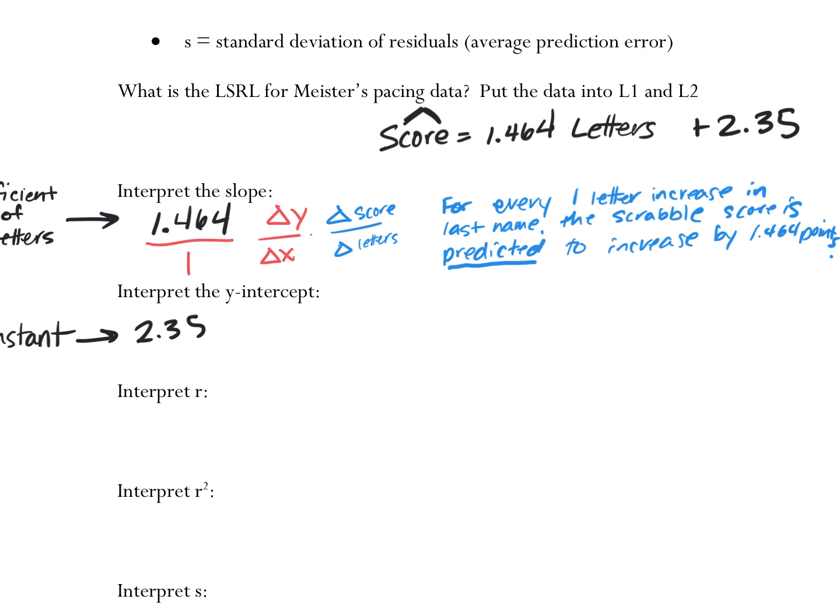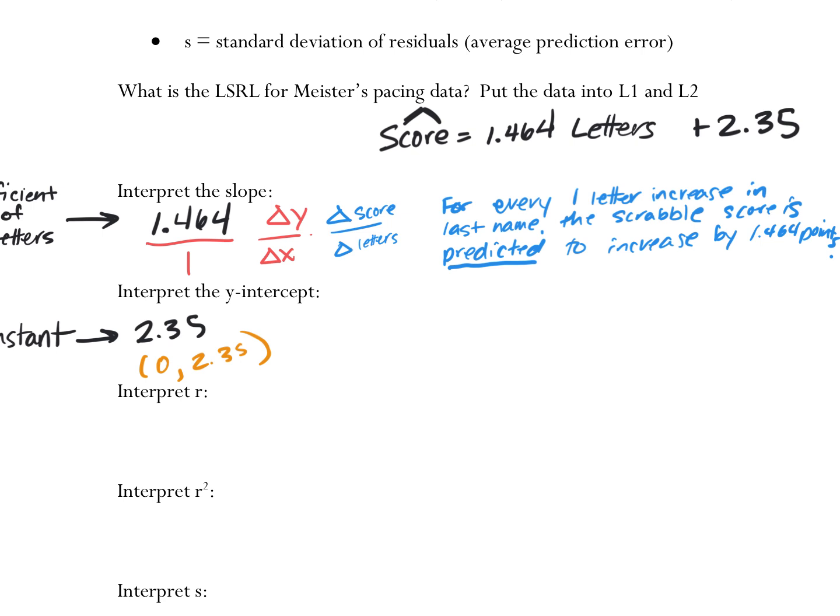The x value is 0. The y-intercept is the point that is on the y-axis, and every single point on the y-axis has an x-coordinate of 0. So this point is actually the point (0, 2.35). In other words, when x is 0, y is predicted to be 2.35.